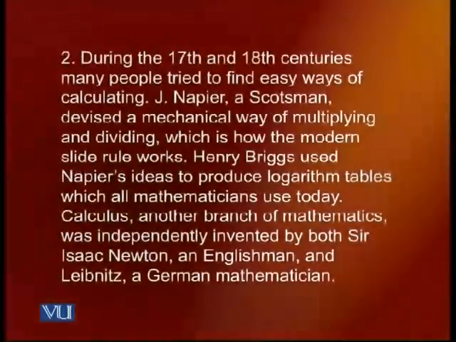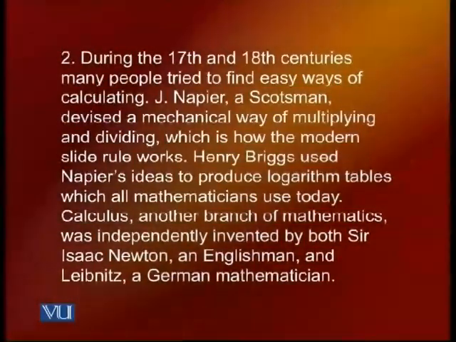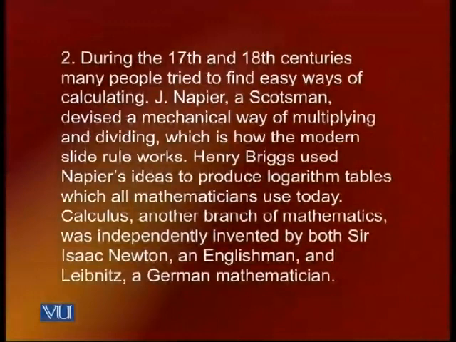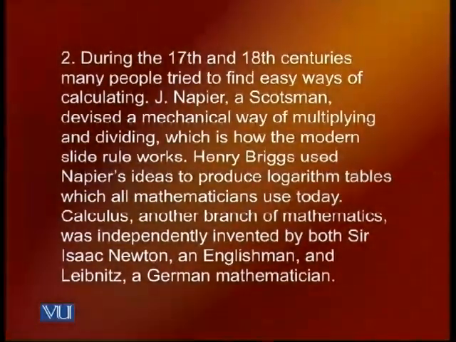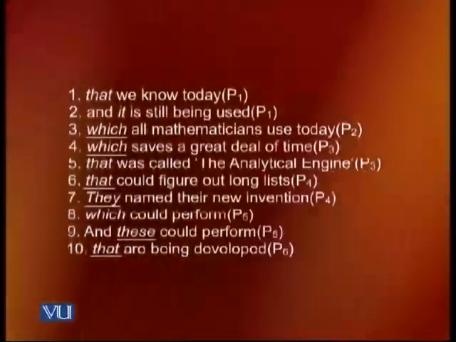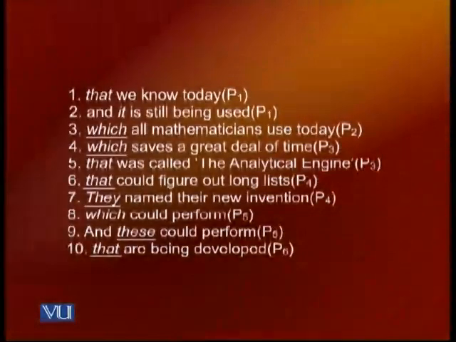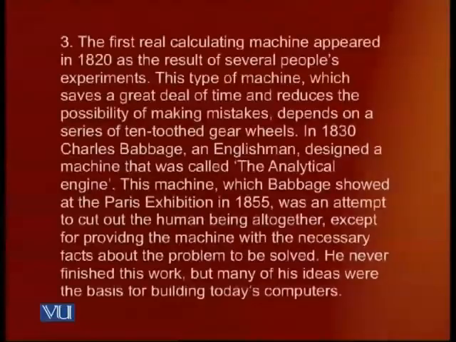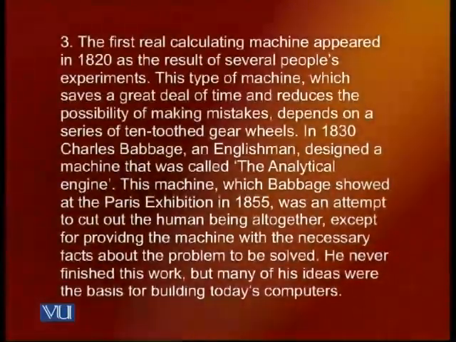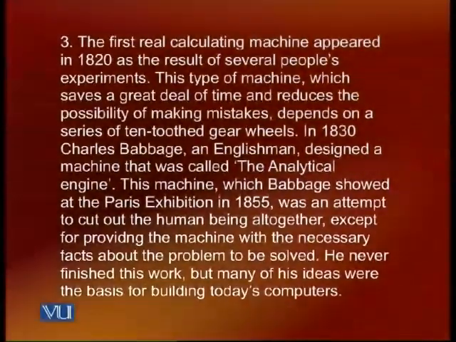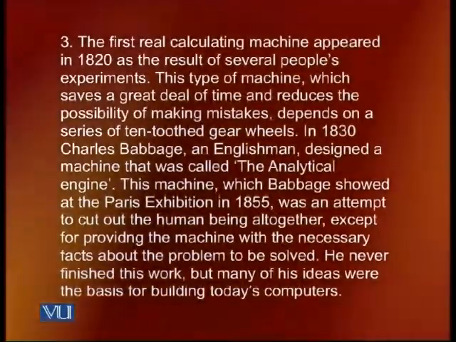The word italicized is which. What does which refer to? Which refers to the logarithm tables which all mathematicians even today are using. Number four, again we have the word which in italics: which saves a great deal of time. What does which refer to? Which refers to the word machine that has come earlier.